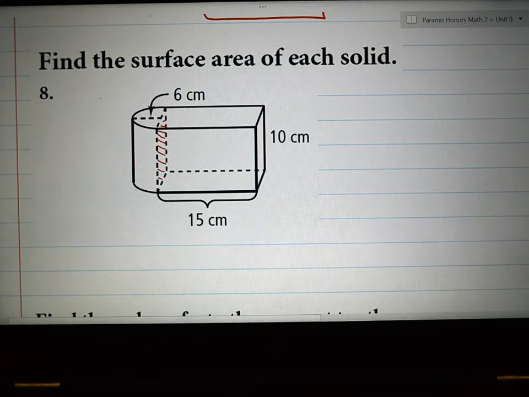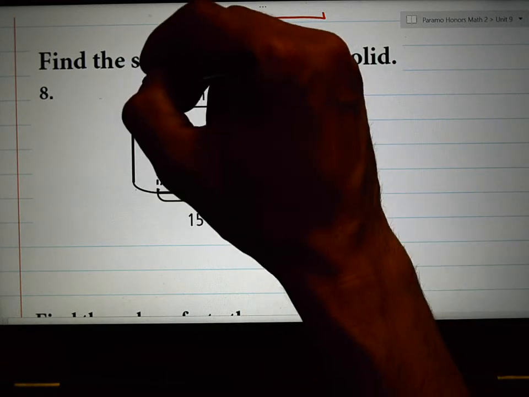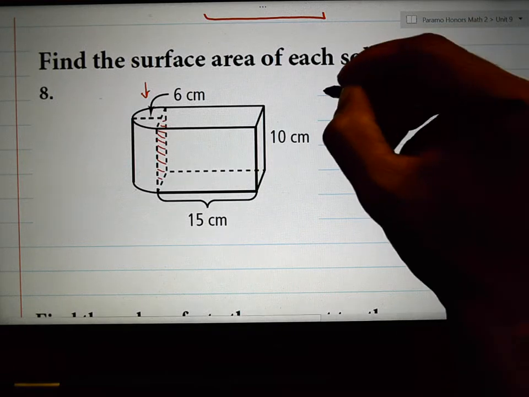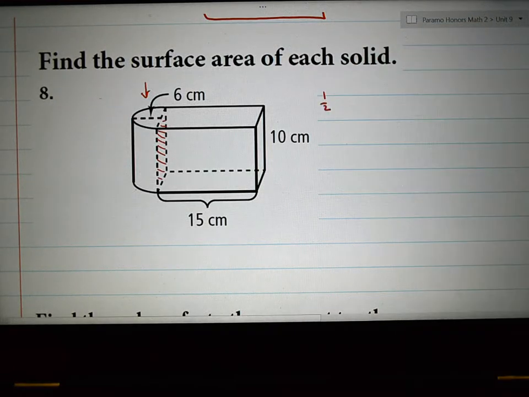So what I'm going to do first is I'm going to figure out the area of this guy. The surface area of that. This is where a fraction would come in handy. Instead of a full cylinder surface area, how much of the surface area are we going to figure out? Half of the surface area of the cylinder.